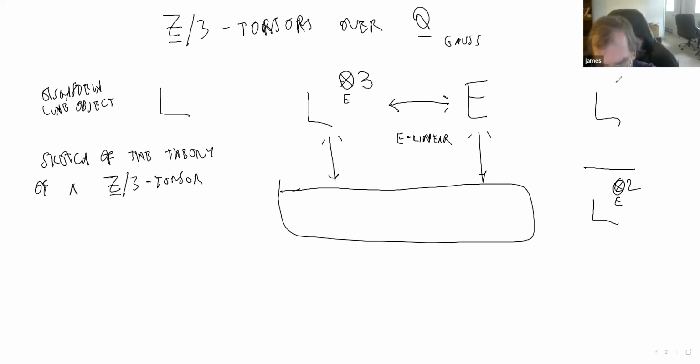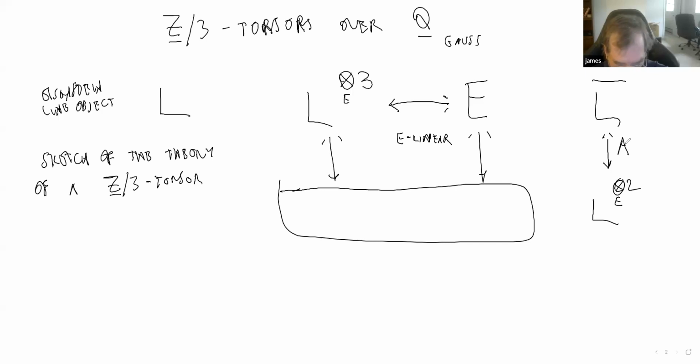Or again, maybe I should put the bar on the top one. Let me just try that. And then you'll have this thing here, which I don't know what we call it. Maybe we call it A or something like that.